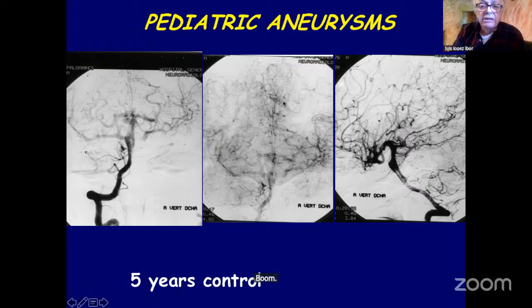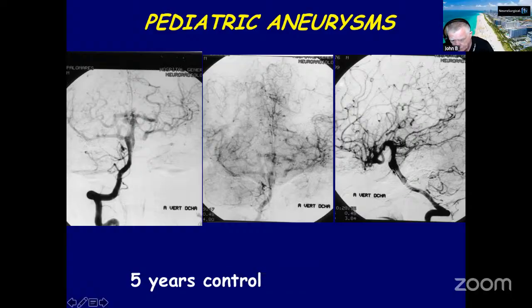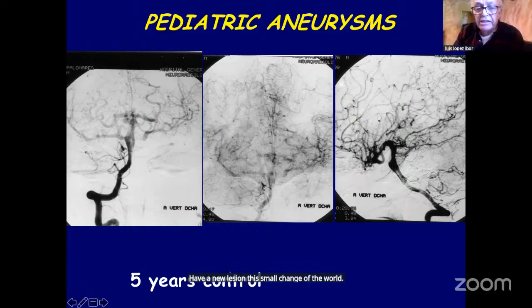The parenchyma is perfect in the middle cerebral artery and the posterior, and the basilar artery has a new lesion, this small change of the wall. Five years later, no, at the beginning, the patient came 1 year after this angio to my consultation and bled and died, massive hemorrhage.